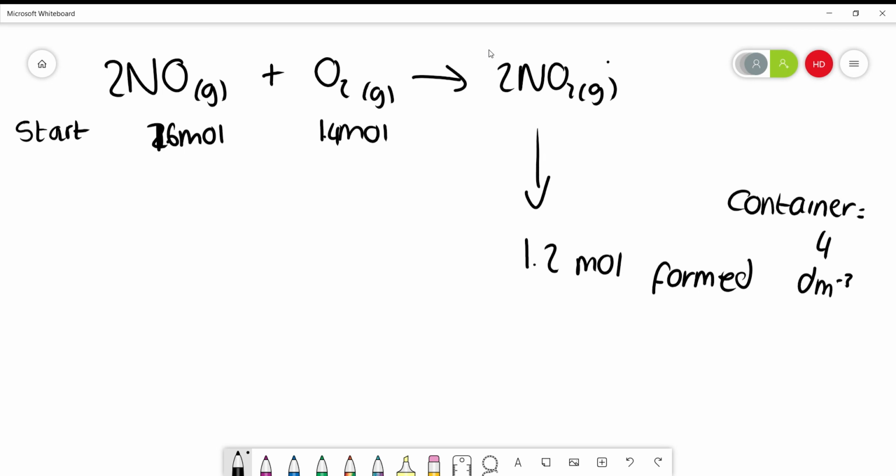And that's how much formed at equilibrium. Calculate Kc. So that's the question. Do you want to have a go? I'll give you a minute to work it out. Just pause the video and give it a go, and then we will carry on.